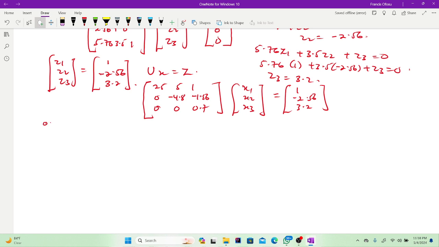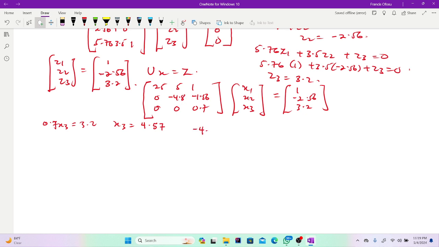So I have 0.7 by x3 is equal to 3.2. So my x3 is simply equal to 3.2 over 0.7. And that is giving us 4.57, right? Then I come again, the second part, which is what?